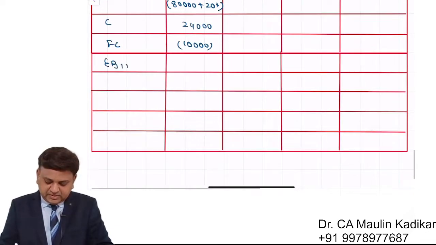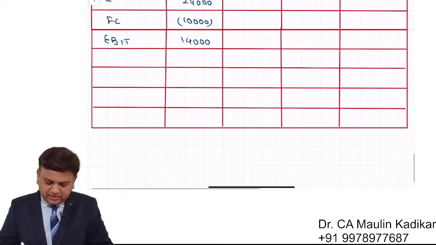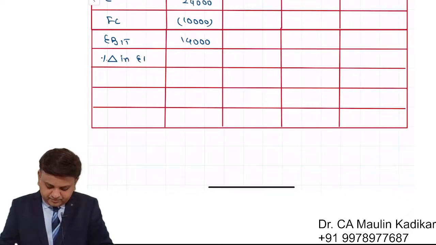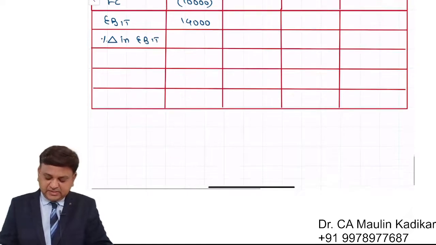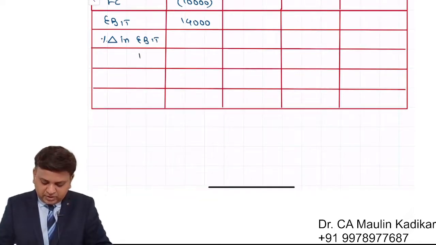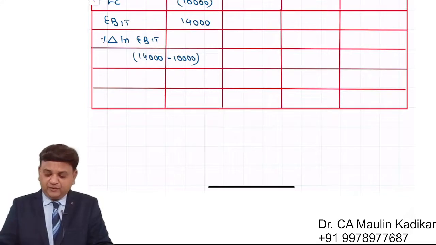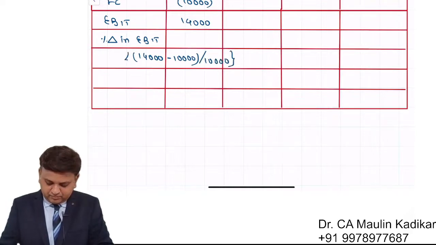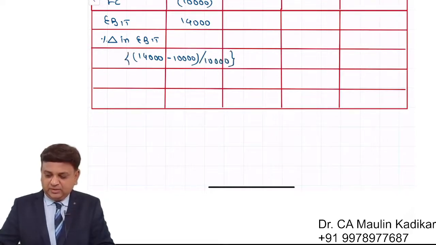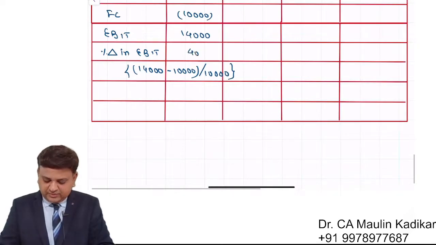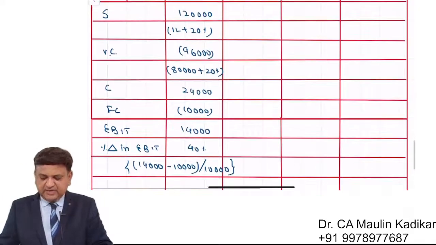So earning before interest and taxes is 14,000. Along with that, I am doing one more thing, percentage change in EBIT. The EBIT increases to 14,000. The EBIT was 10,000, so it increases by 4,000. So 4 upon 10 into 100, it increases by 40 percent. That is the way I have made the calculation.